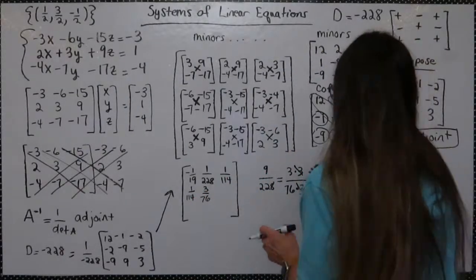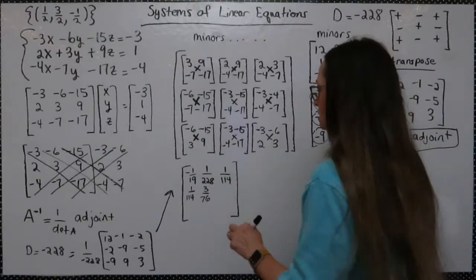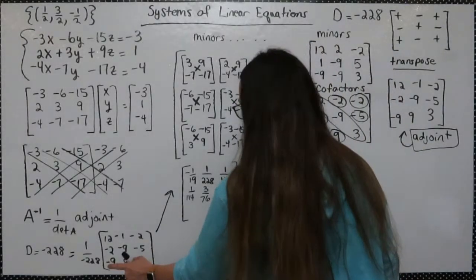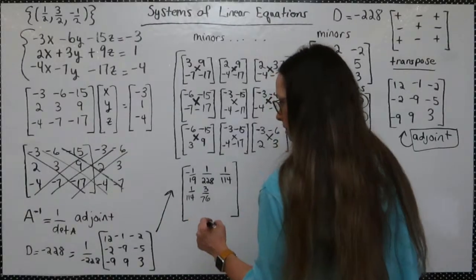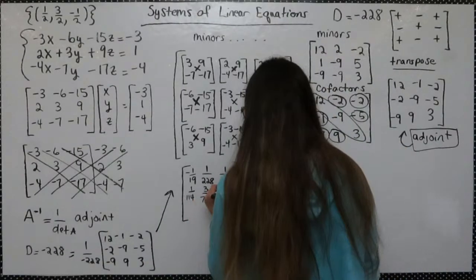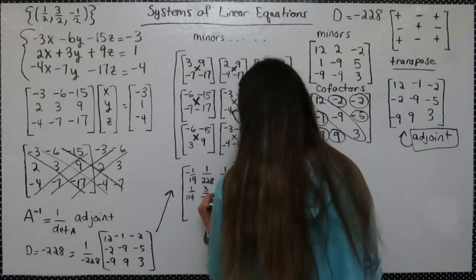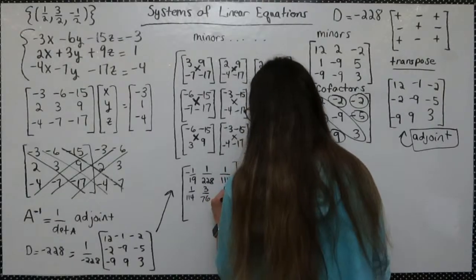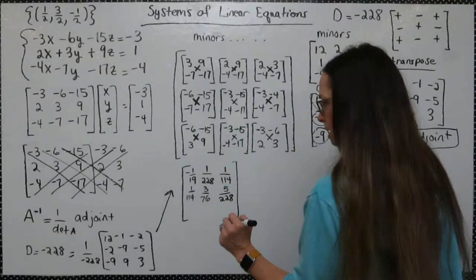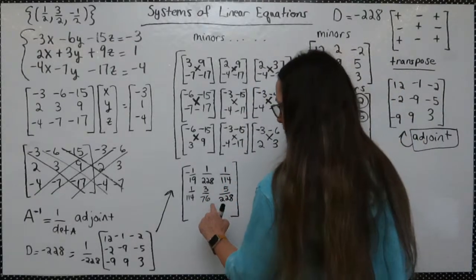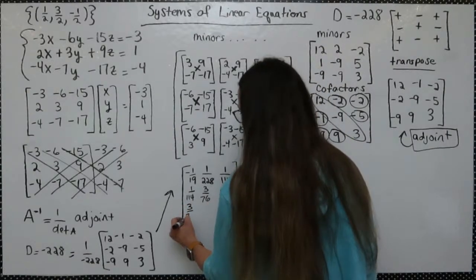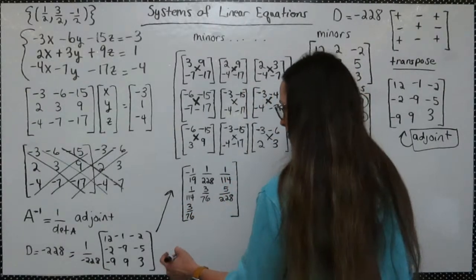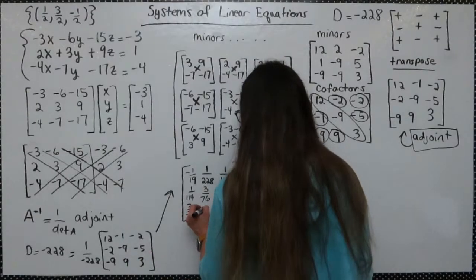And this position here, 5 obviously doesn't divide 228, so two negatives will make a positive: 5 over 228. The bottom row, 9, we figured that out, that was 3 over 76. Two negatives make a positive. And then this one is going to be negative, so it's just a negative 3 over 76.